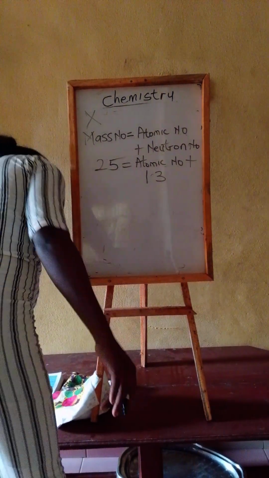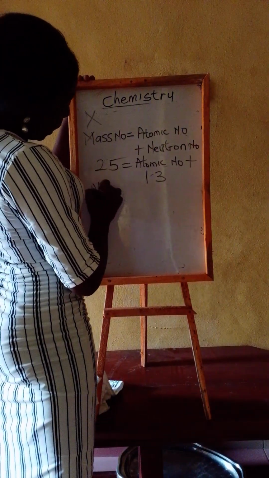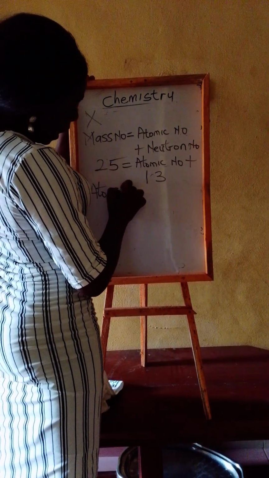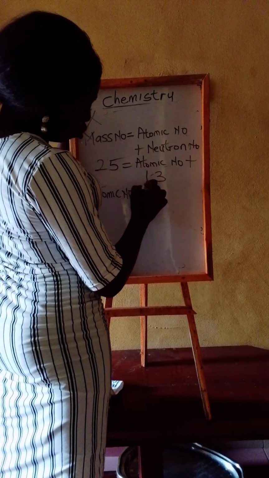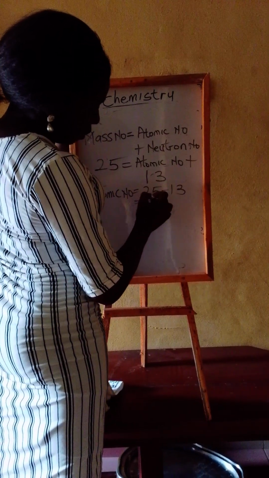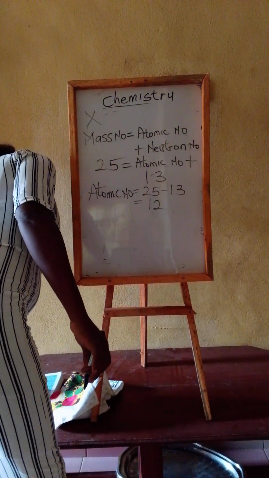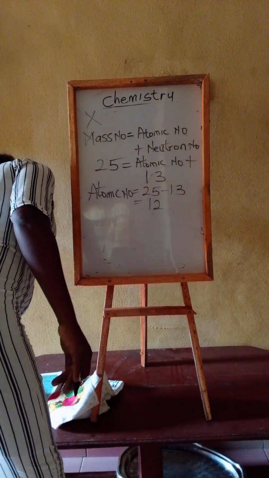The neutron number is 13. So, atomic number equals 25 minus 13. 25 minus 13 is what? 12.